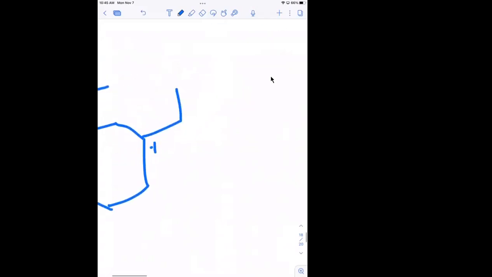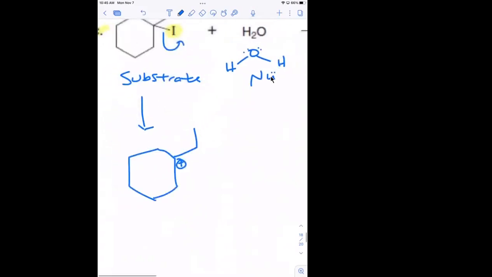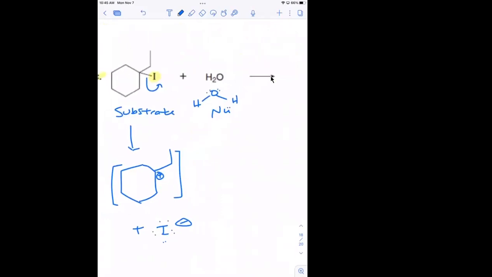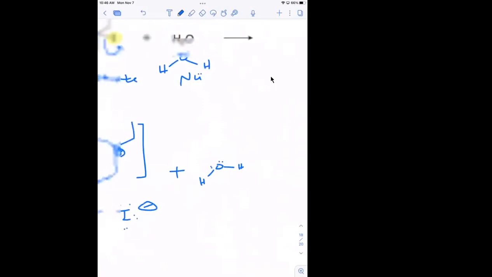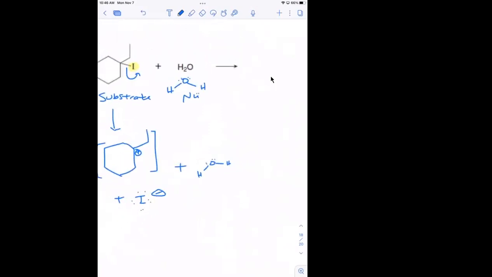Now you get this tertiary cation plus iodide ions plus H2O. All right, and then it's the water that's going to attack that plus charge, like so.